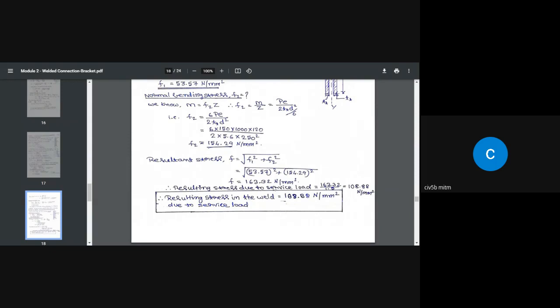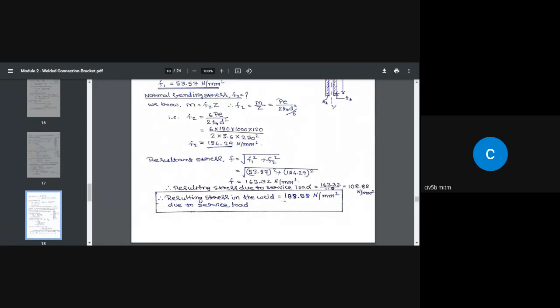Therefore, what is the resulting stress due to service load? What is the service load we are applying? Only 100 kilonewton, is it not? So, whatever the value we calculated, for this value equal to 150, this should be Pu, not P. For service load, divide this value by 1.5. So, 108.88 Newton per millimeter square.